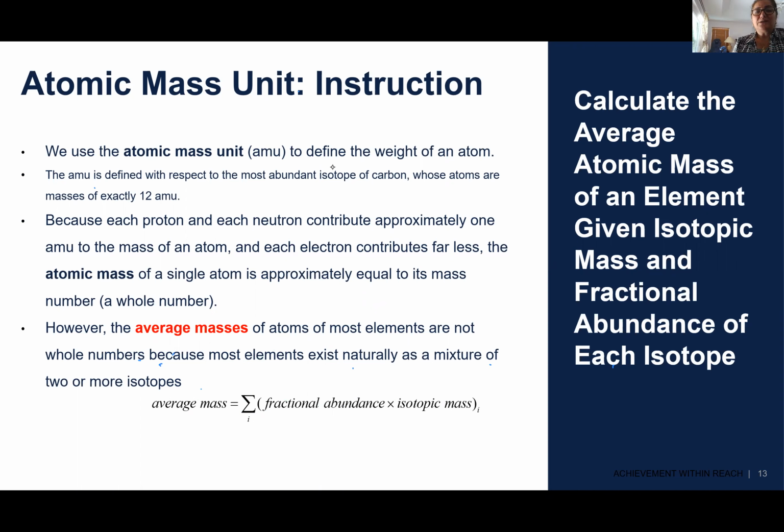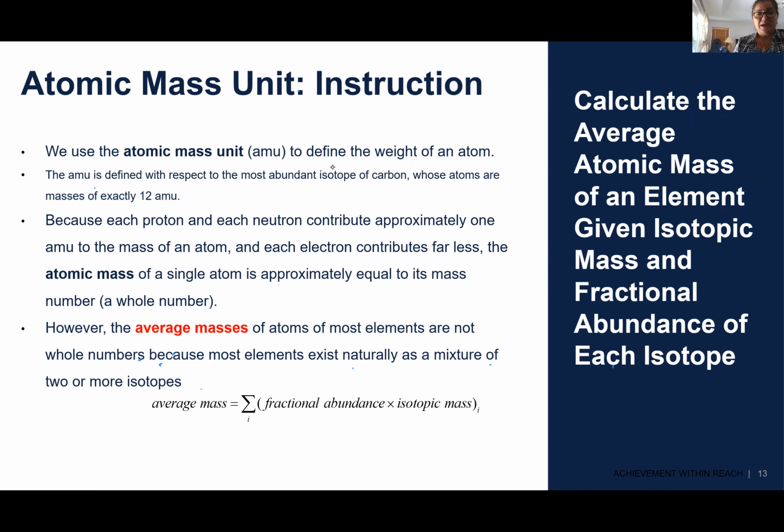Atomic mass unit is a definition, and that is 1/12 of the mass of carbon-12. It is defined as 1 AMU, atomic mass unit. Every atom of every element in the periodic table is compared to carbon-12.